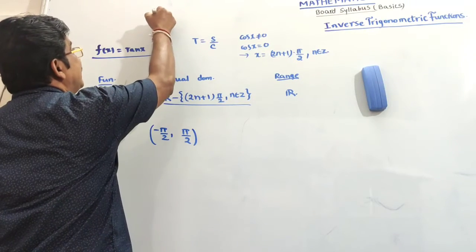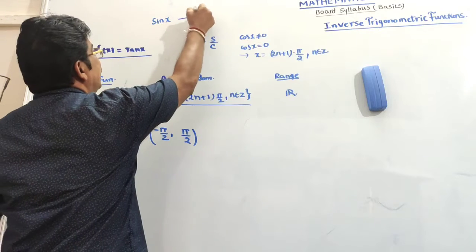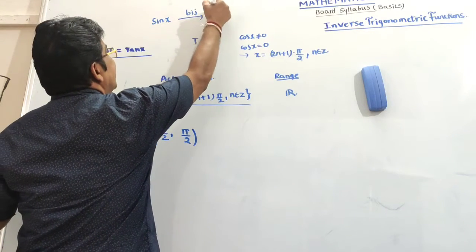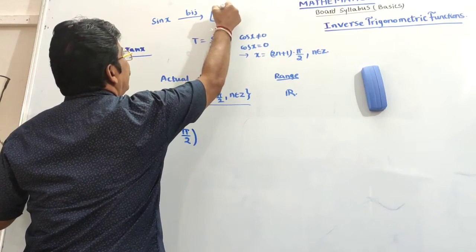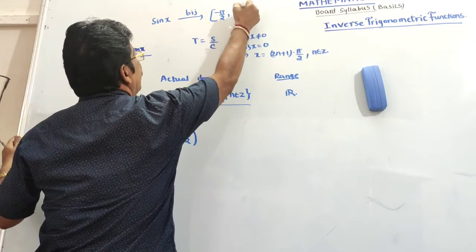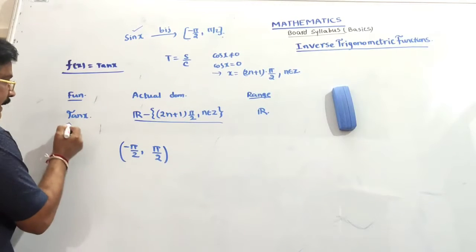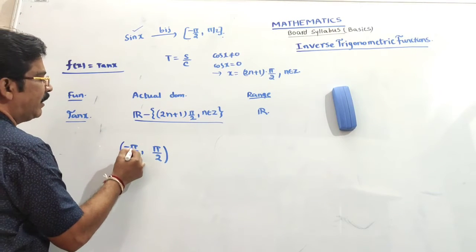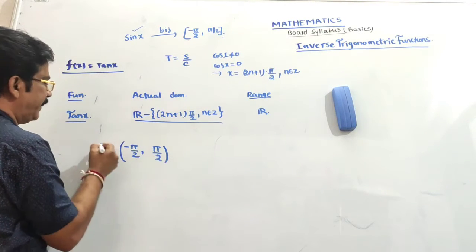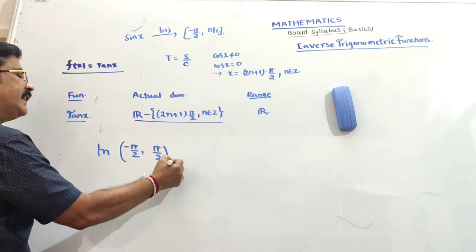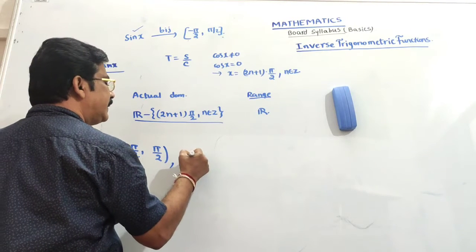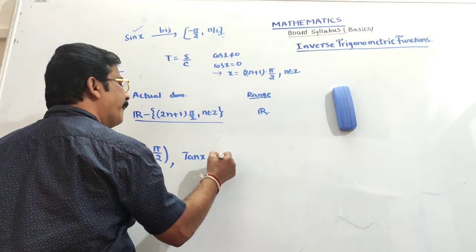Actually, sin x is bijective in which area? The closed interval of minus pi by 2 comma plus pi by 2. It is closed for sin x. But for tan x, it is the open interval of minus pi by 2 comma plus pi by 2.